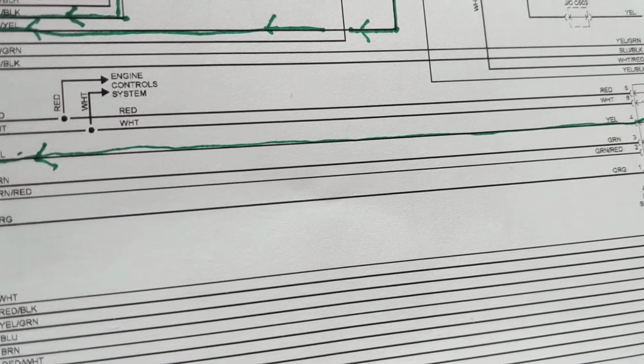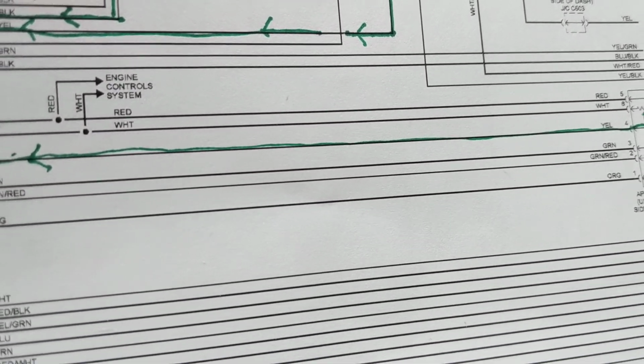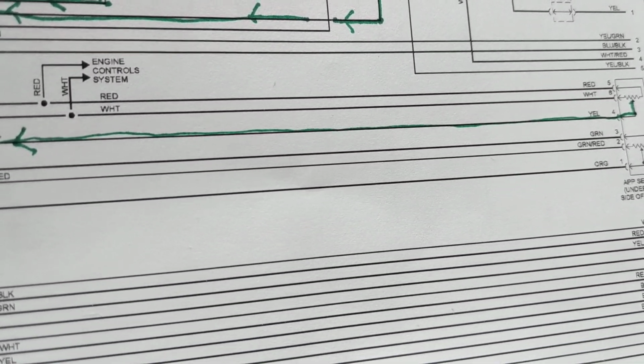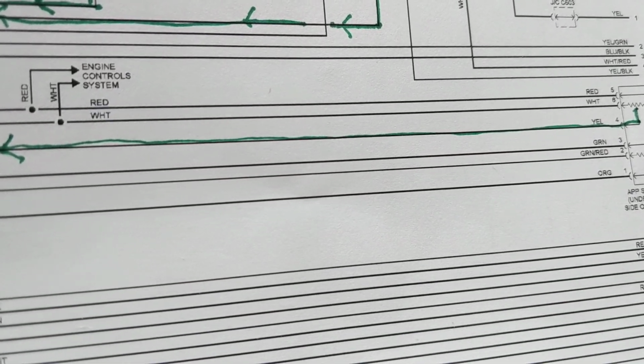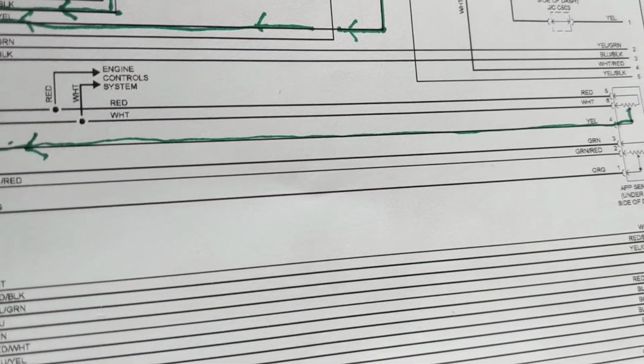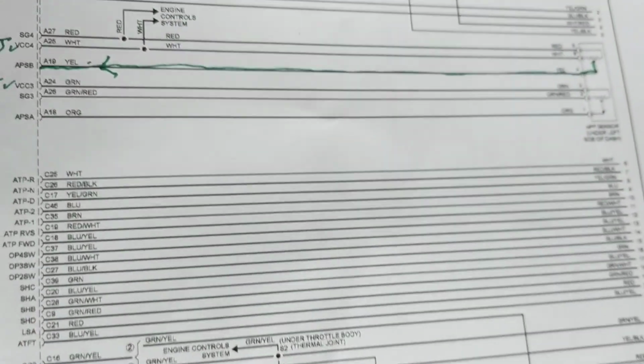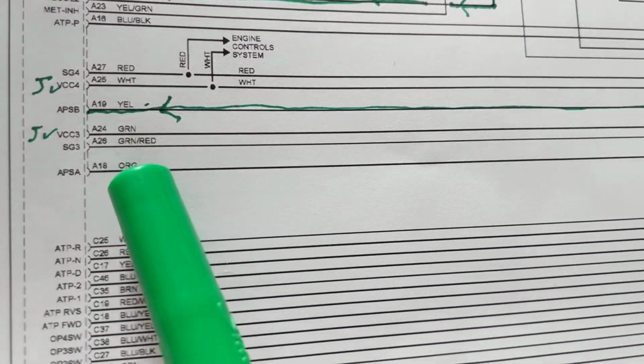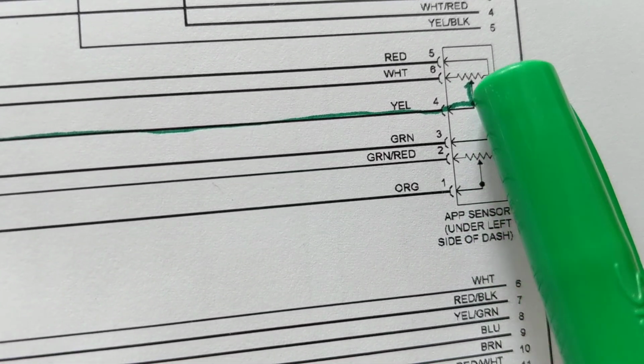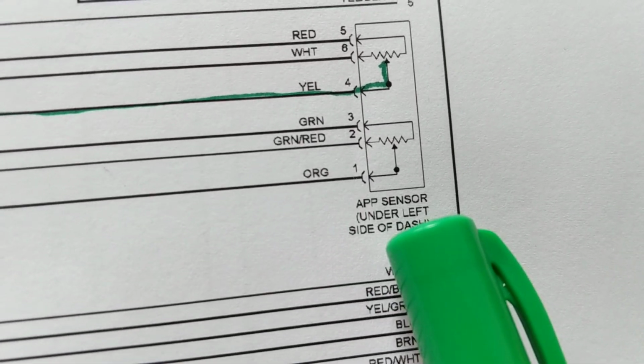The computer says, okay, now I know how much he's pressing, and activates the proper fuel mixture for that. All this is electronic. There are two APP sensors over here for the accelerator position.